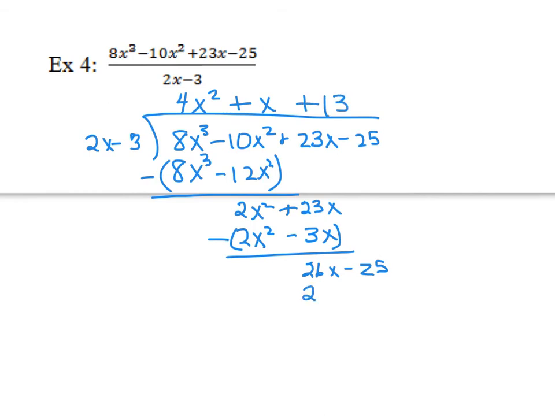13 times 2x is 26x. 13 times negative 3 is negative 39. Subtract this, and I have 14 left over. So again, that 14, because it's not 0, that's the remainder for this problem, for this division.